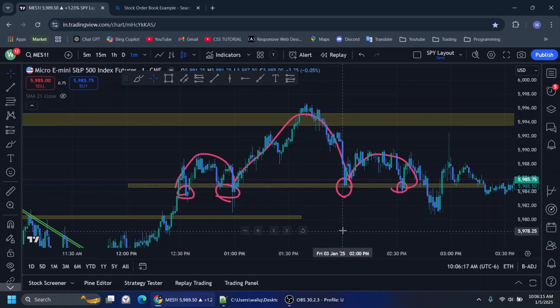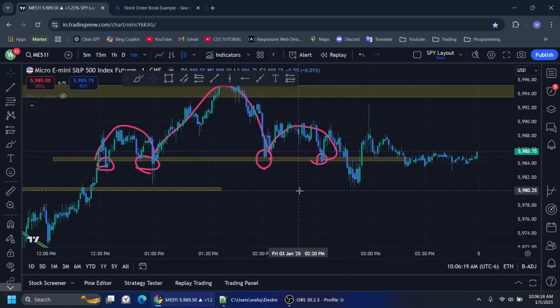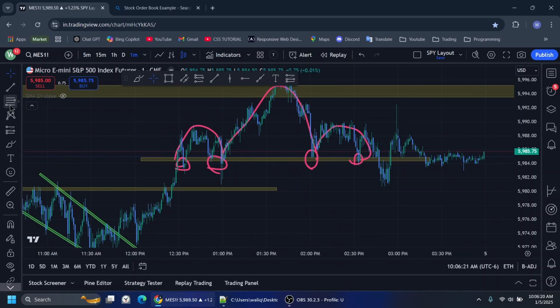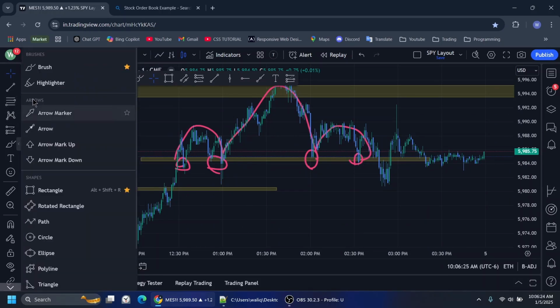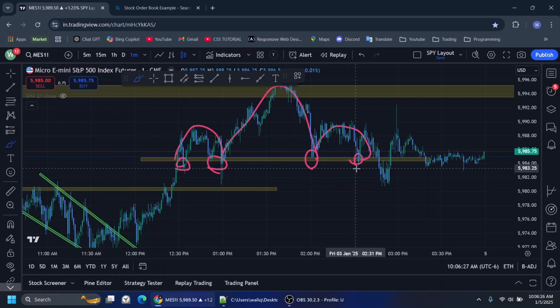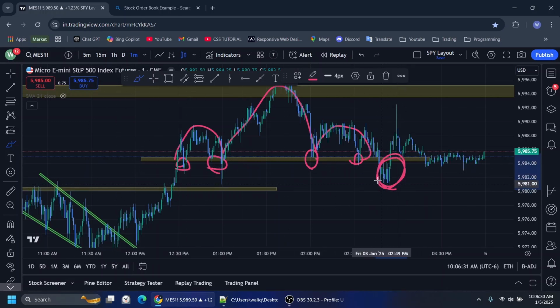Anyways, what we see is a perfect textbook head and shoulders example. And then we see this huge breakout.